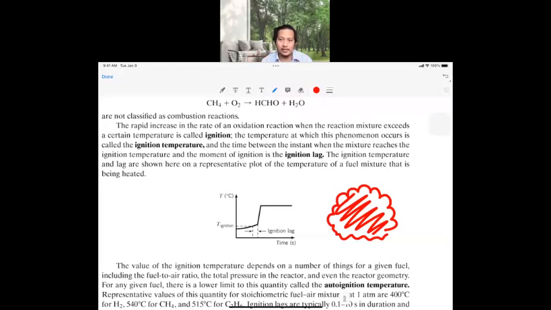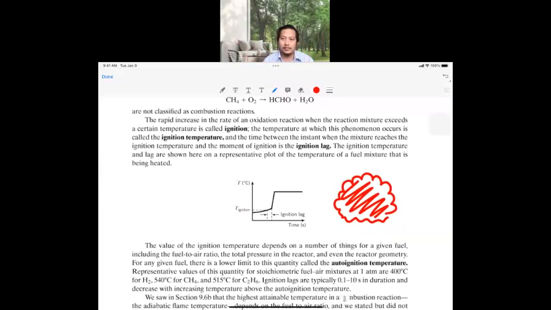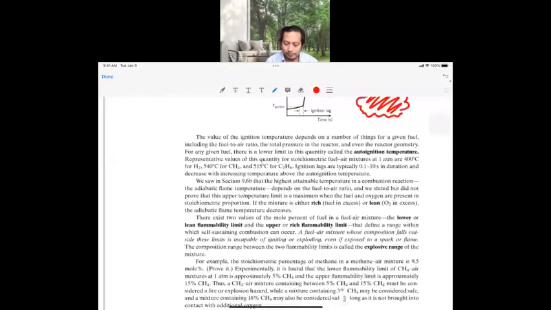That is the lag. Before it ignites, because the ignition is not in slow motion. It's really quick. So before and after is just instant, it's like boom. So that's the ignition lag.